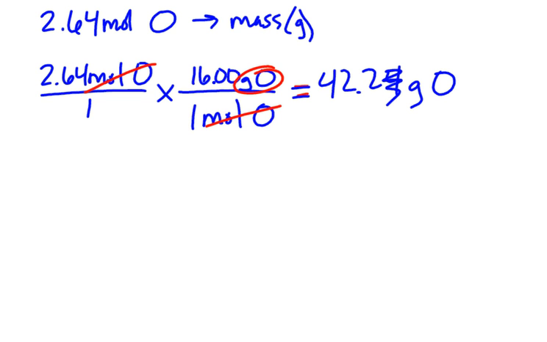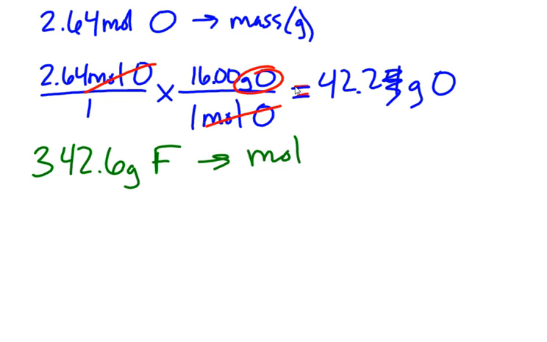Now, let's say I wanted to go backwards and say I had a mass and I wanted to get back to moles. So let's say I had 342.6 grams of fluorine, and I want to convert that into moles. I'm doing the same process, but going backwards.